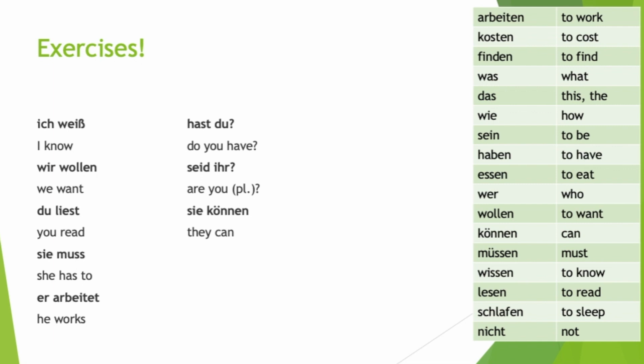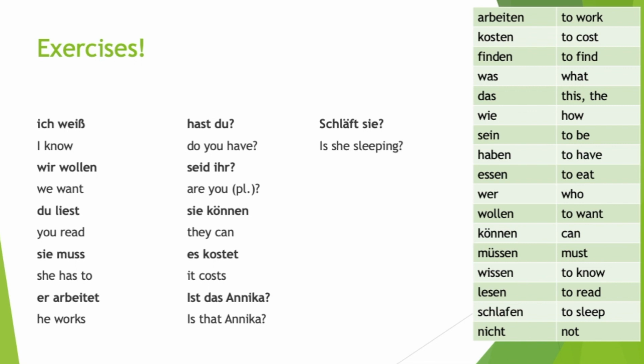Because I didn't capitalize the Sie, you know that it's not you formal. Es kostet. It costs. Ist das Annika? Is that Annika? Schläft sie? Is she sleeping? Ich esse gerade nicht. I'm not eating, or I'm not eating right now.